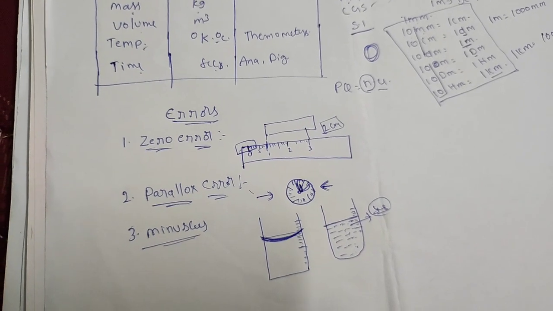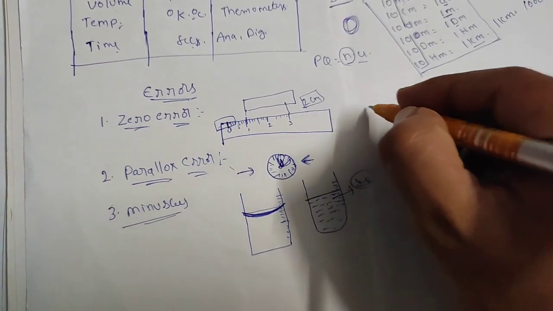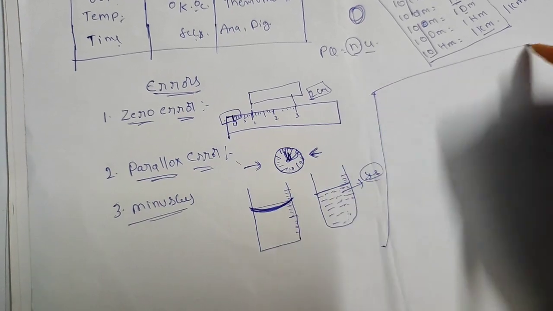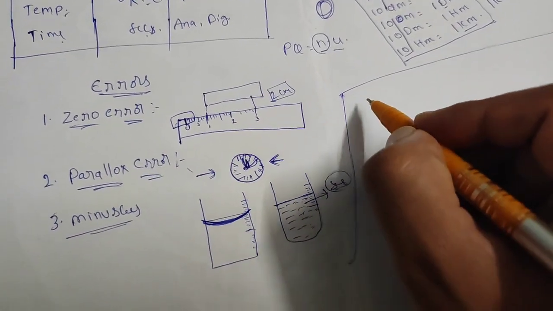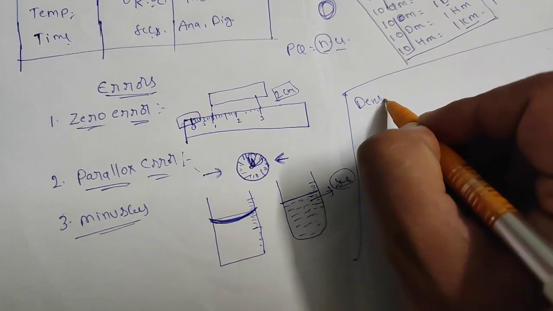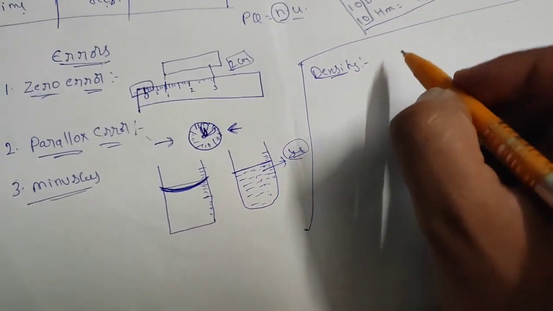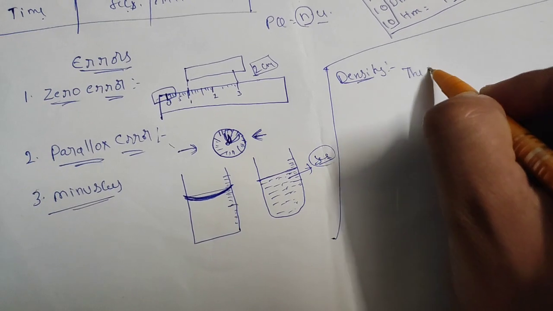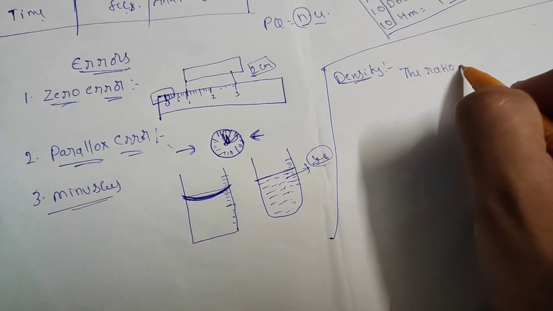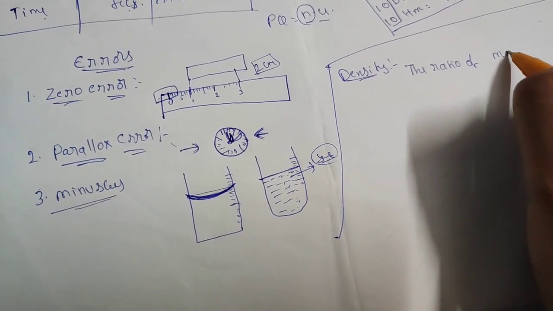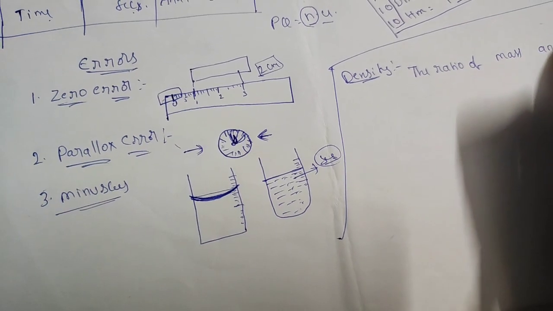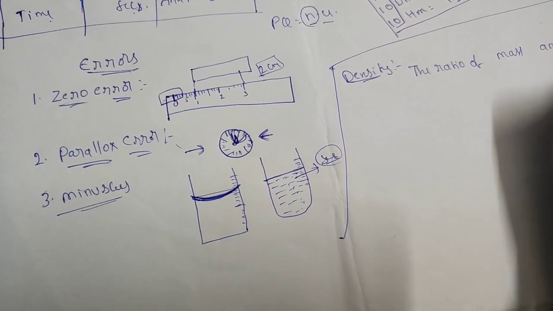The next thing we are going to deal with is density. Density is the ratio of mass and unit volume.